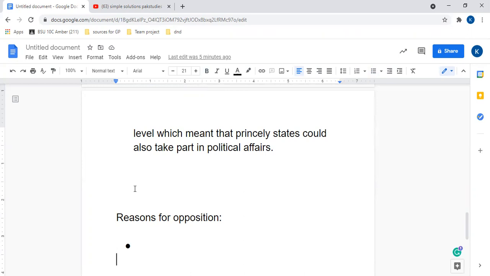So the first reason was that even though we were introduced a federal form of government, and the princes now had greater provincial autonomy, the viceroy and the governor general were still the head of the federation.